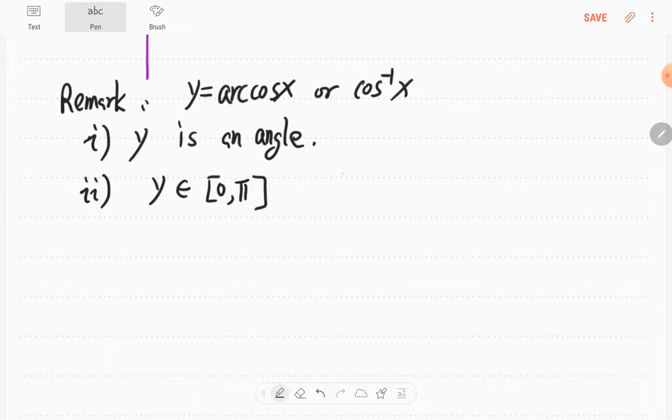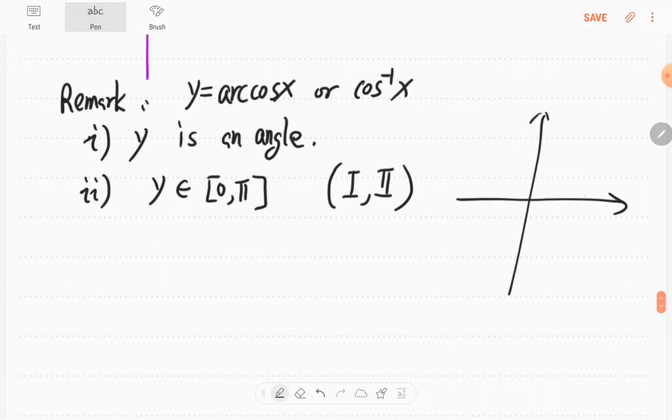In other words, in the xy coordinate, the terminal side would be in the first and the second quadrant, from 0 to pi.